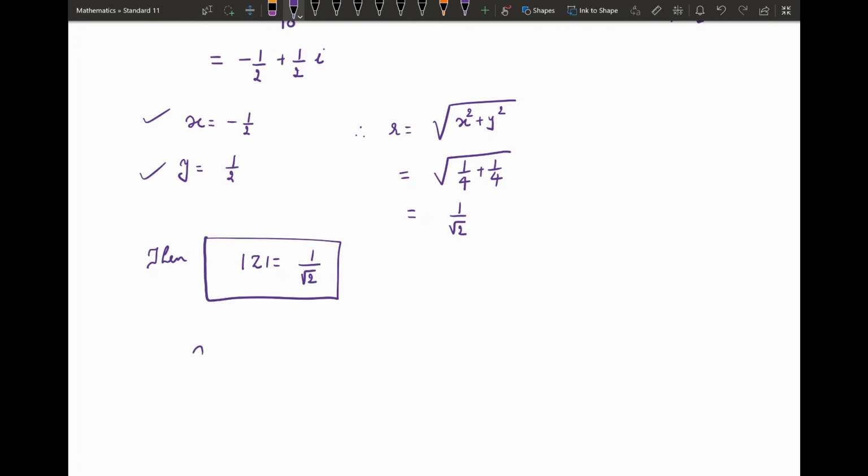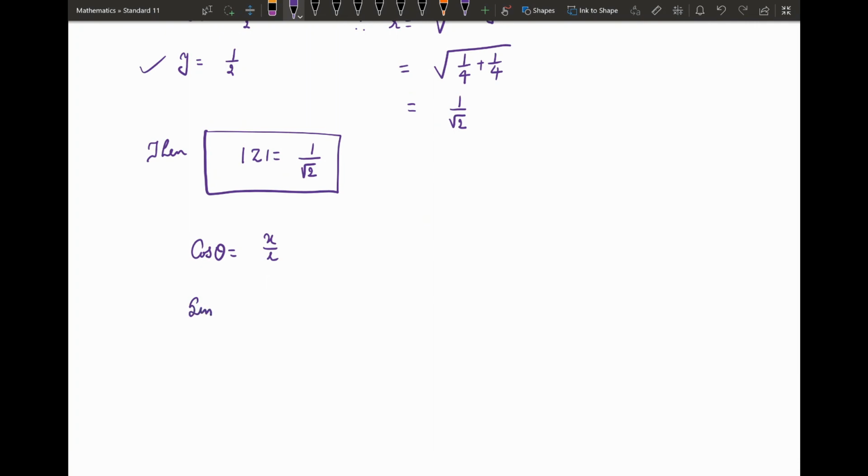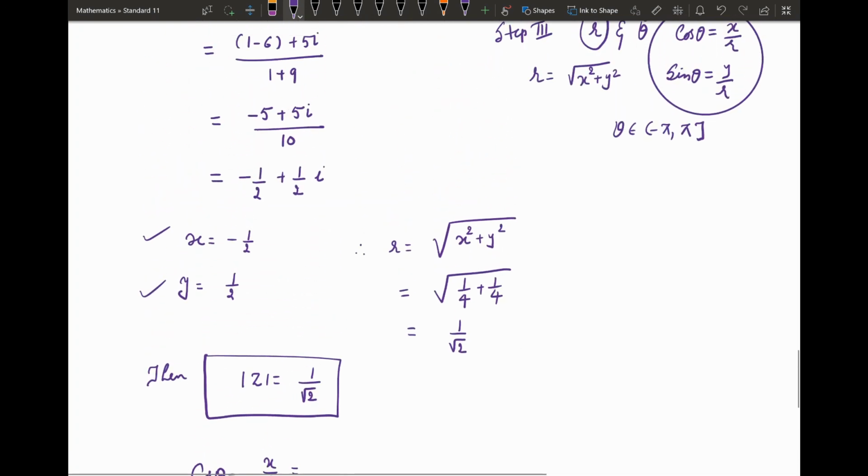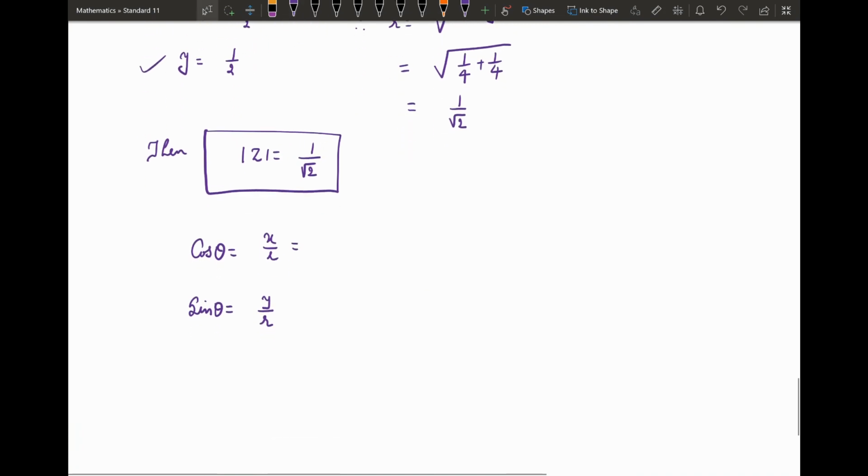Now cos theta is x by r and sin theta is y by r, with x equal to minus 1 half. When we simplify, sin theta is y by r, so 1 half upon the same.